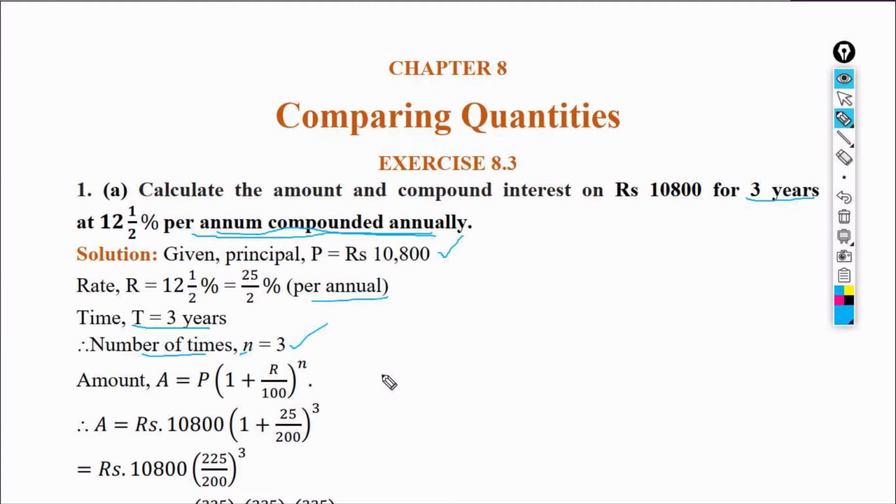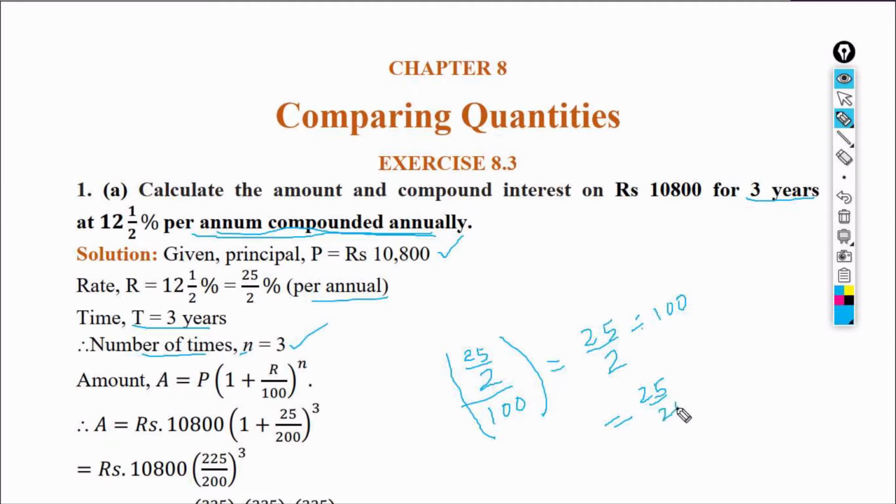Now R equals 25 by 2 divided by 100, and that is equal to, simply you can say, 25 by 200.